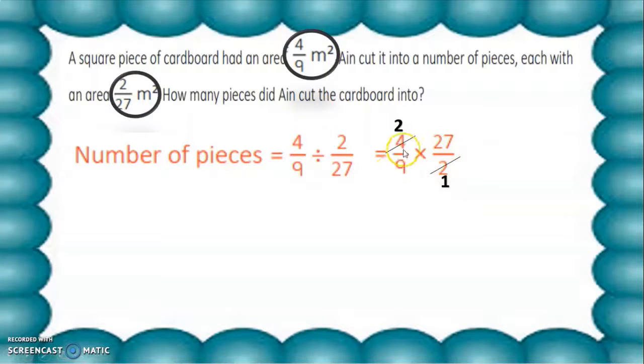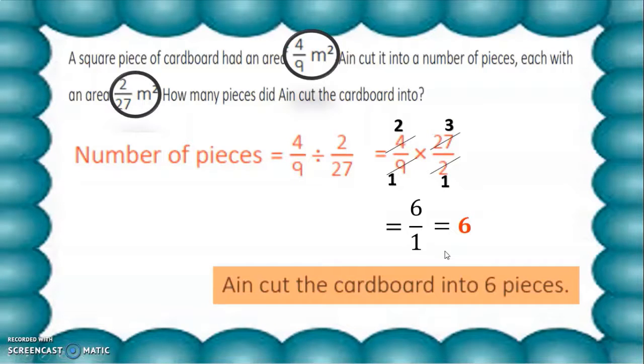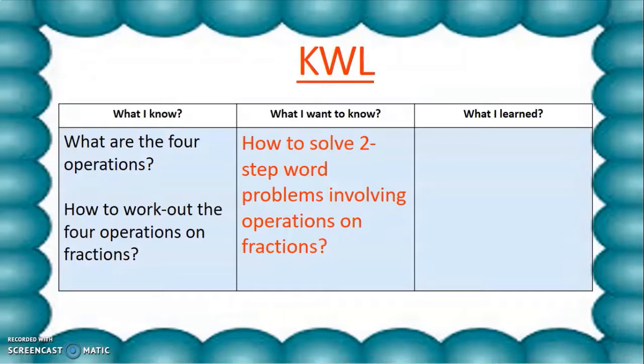Can we simplify them? Yes, by dividing by 9. 27 divided by 9 is 3. 9 divided by 9 is 1. First, we have 2 times 3 and 1 times 1, which is 6/1 equals 6. So Aim cut the cardboard into 6 pieces.